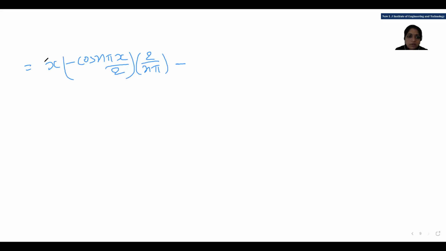Minus the derivative of x, which is 1, and the integration of minus cos n pi x by 2 is minus sine n pi x by 2, into 2 upon n pi whole square, and the limits for the first step are 0 to 1.